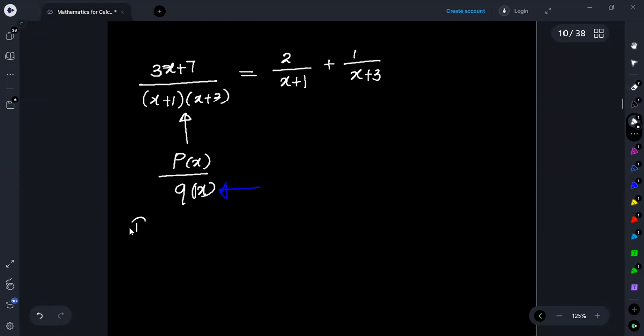So as the first step, we need to factorize the polynomial Q(x), find its factors, and then according to the factors, we are going to write the expression to find the partial fractions. At that stage we need to proceed with 4 cases. So let's discuss each case separately.